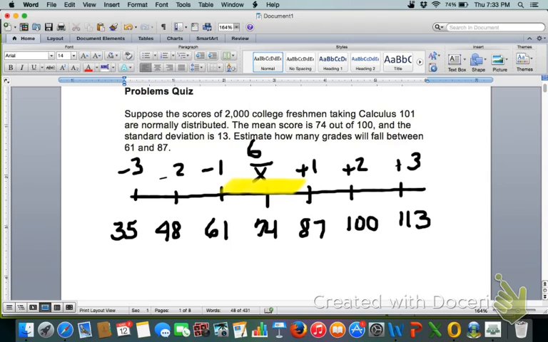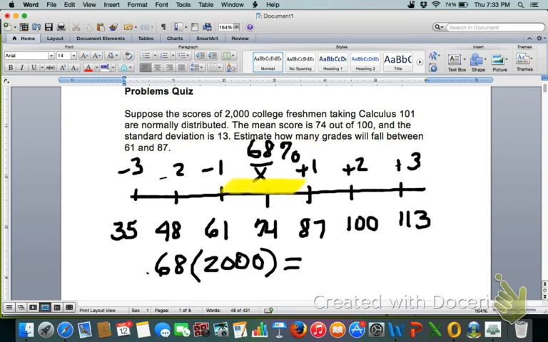So I'm just going to write 68% right there. So what you needed to do was take that probability, because you found the 68, and write it as 0.68 times the population, or the total number of grades that will be given, 2,000.